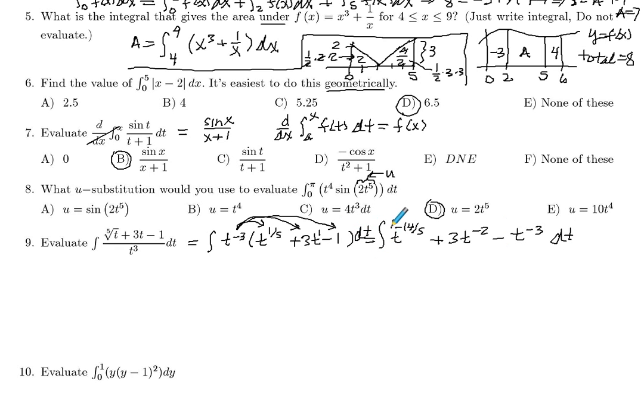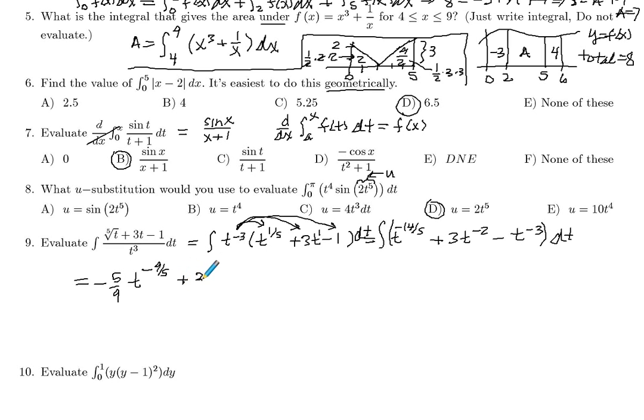Okay, so now we take our antiderivative. This is just the power rule, because everything's t to a power, so add 1 to the exponent and divide by the new exponent. So this is going to be t to the negative 14 fifths plus 5 fifths, so that would be negative 9 fifths. And then divide by negative 9 fifths, which is the same as multiply by negative 5 ninths.